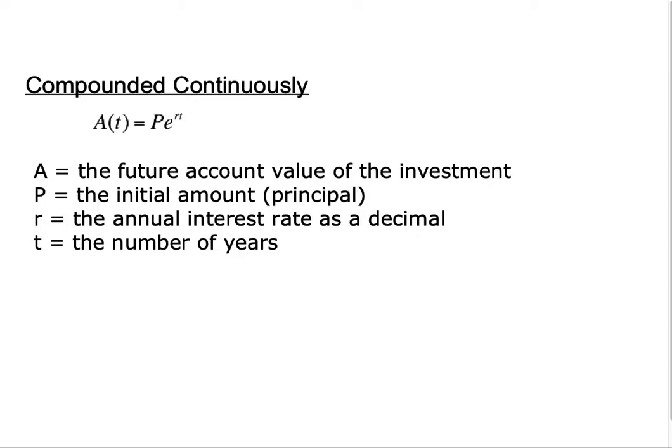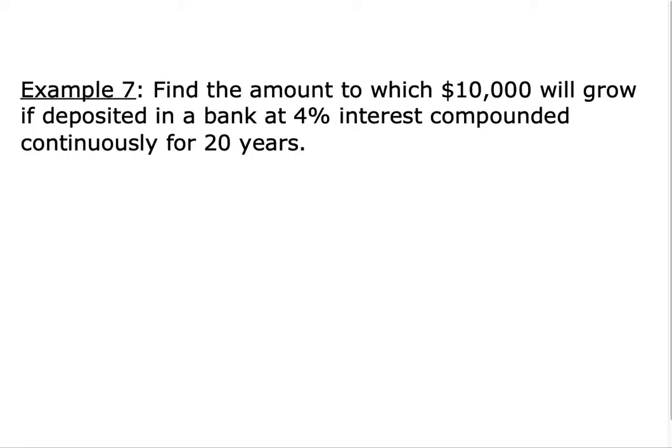So that formula is A of t is equal to P times e to the RT power. This problem says in a bank at 4% interest compounded continuously. That's when you know you have to use this formula, because it says compounded continuously.